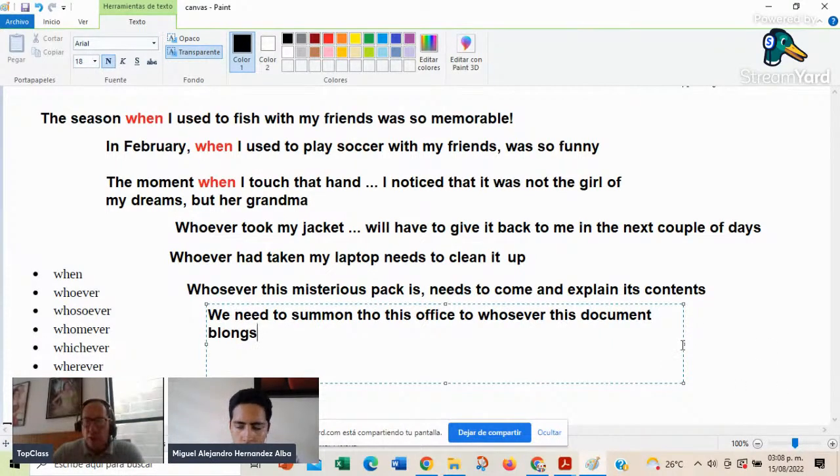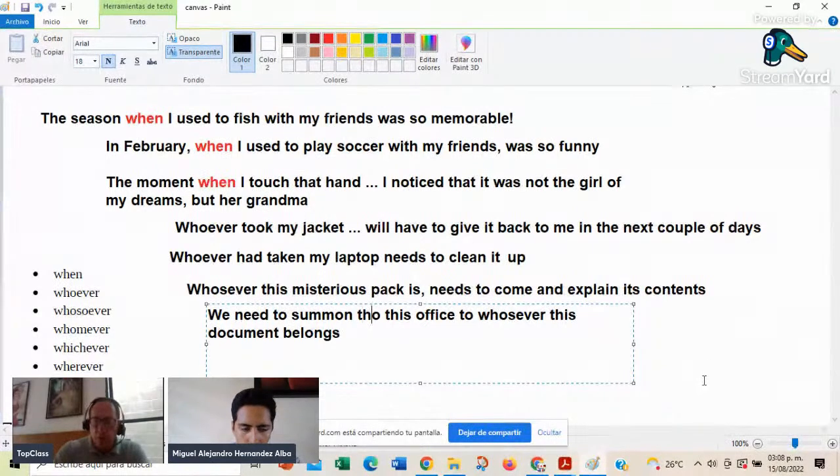A quien sea que este documento pertenezca, right? To whoever this document belongs. Summon is a legal term, to appoint a person to this office, right?